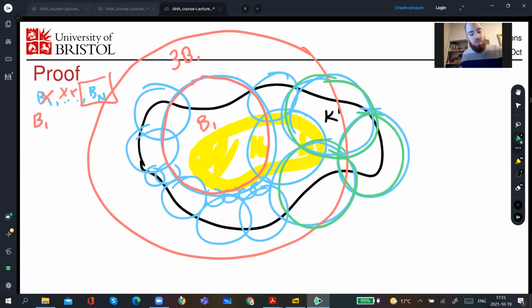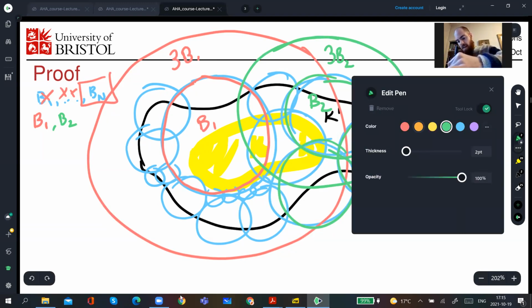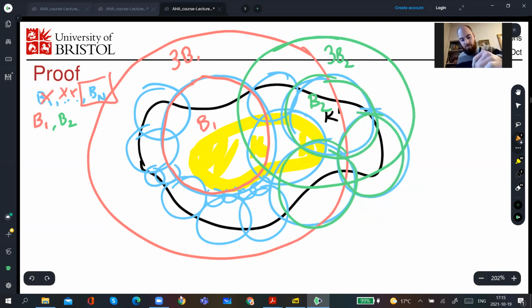And my B2 now is I just identify what is the biggest one of those, and I throw out any ball that lies in 3 times it. Then I go to the next one and identify the next biggest ball, put it in my collection, throw out any that overlap with it within 3 times it, and so on.